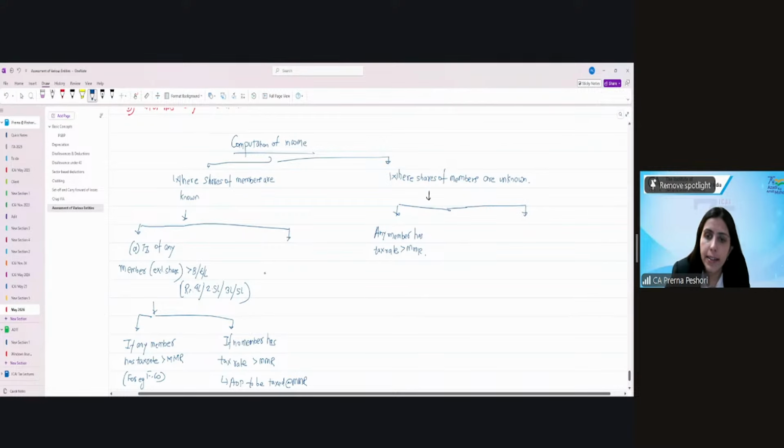In that case, AOP to be taxed at the higher rate.